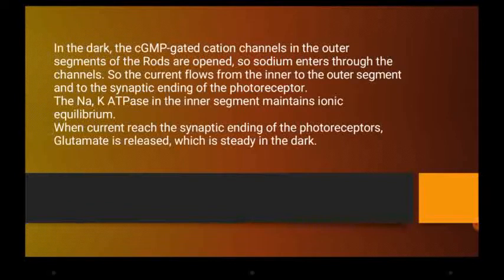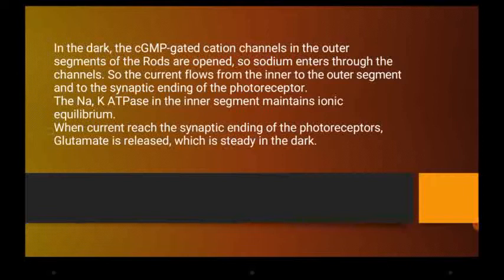Well, in the dark, the cyclic GMP gated cation channels in the outer segment of the rods are open. They are widely open so that sodium enters through those channels. So the current flows from the inner to the outer segment and to the synaptic ending of the photoreceptor.